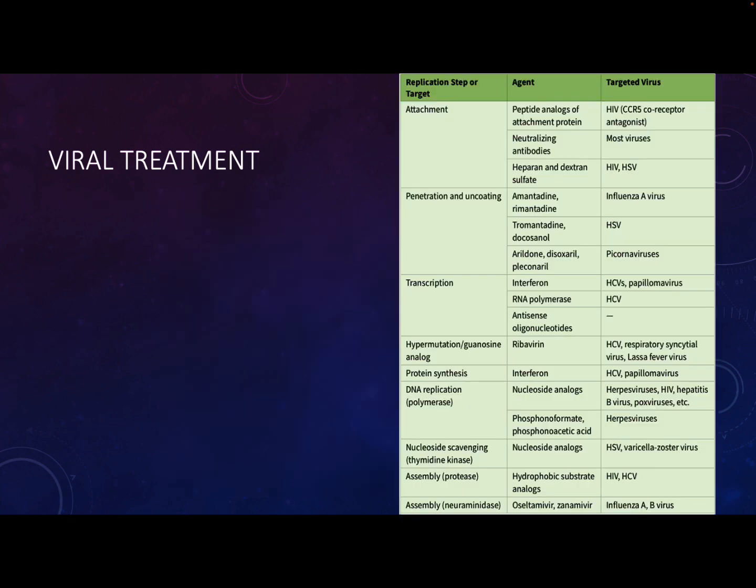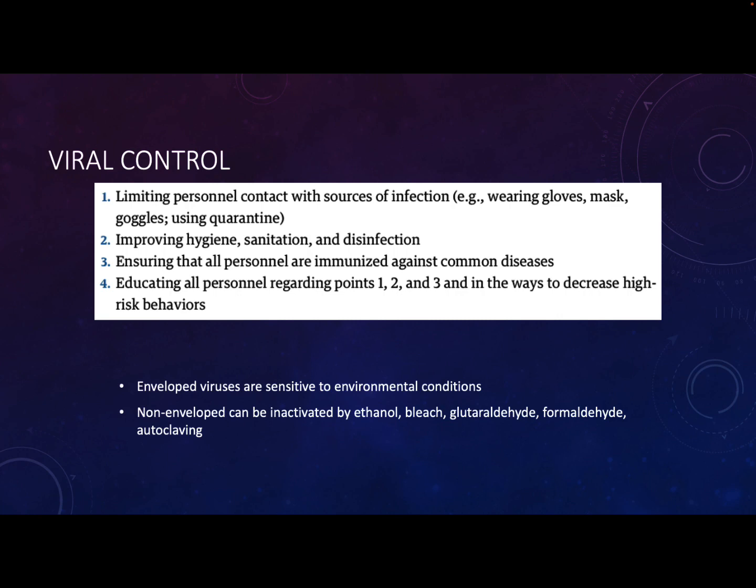But in this chart here, from the textbook, they give you examples of different antivirals and what they can do to prevent viral infection or to help treat a viral infection. So again, as we talk about specific viruses, we'll talk about if there are therapies available and what those are.